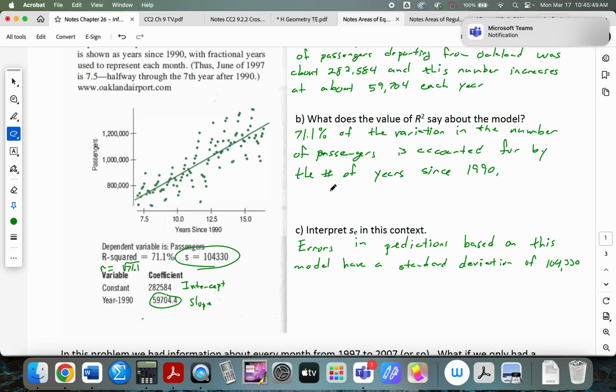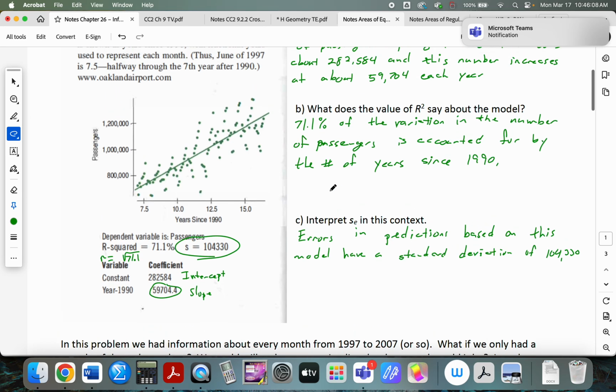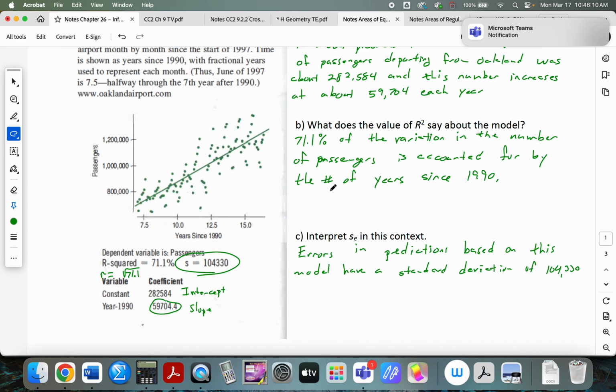So that's low. It's not terrible, but it's not great either. There is definitely a positive association here, but it's not strictly positive. So the standard deviation is greater than the actual slope.